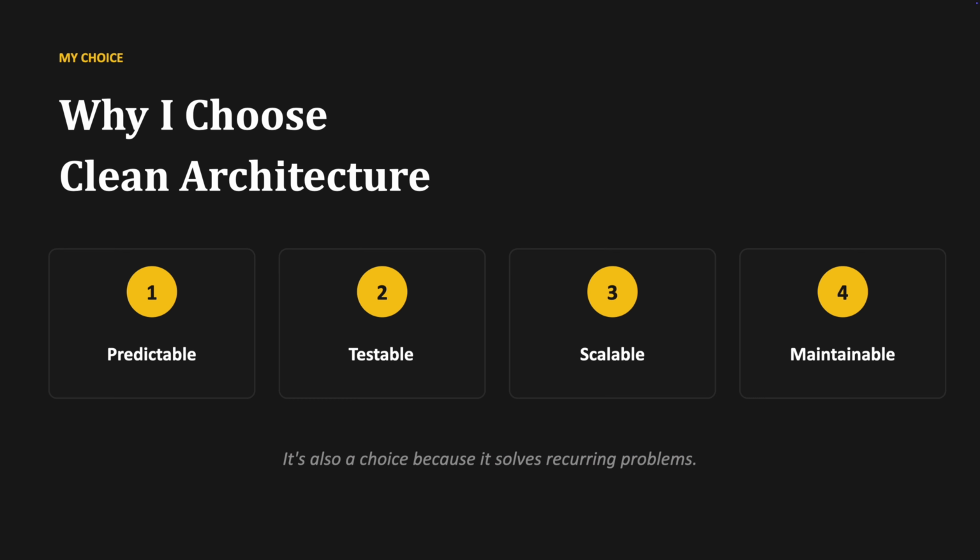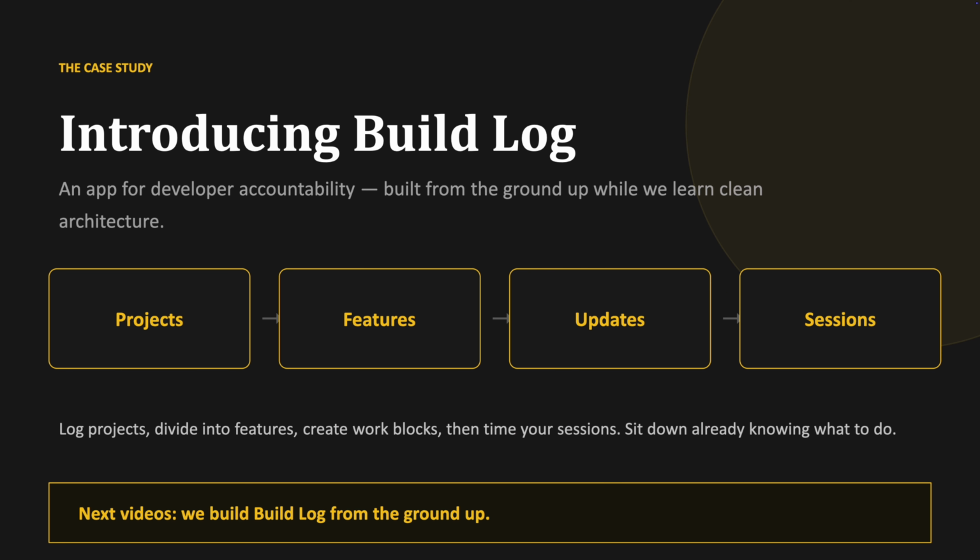And it's also maintainable. Well, apart from me who knows about the project, anyone else who cares about clean architecture and has a chance to go through my code can actually follow along. So they too can write code on top of what I've already done. So these are my biggest reasons as to why I chose clean architecture.